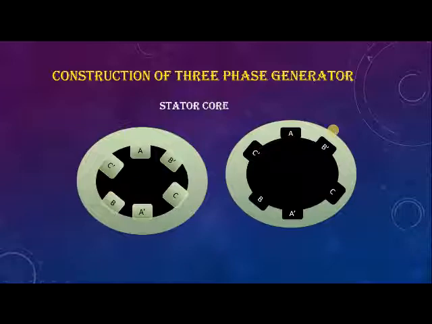In those slots, we will be keeping the B phase winding. And if you move 120 degrees from B in the anti-clockwise direction, we can find C. Opposite to that we have C dash, and these 2 slots accommodate the C phase winding. So windings are accommodated in the slots of the stator core. The stator core is cylindrical in construction, fixed to the inner periphery of the stator frame.